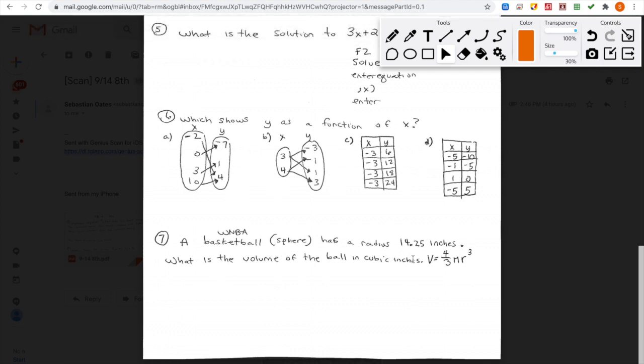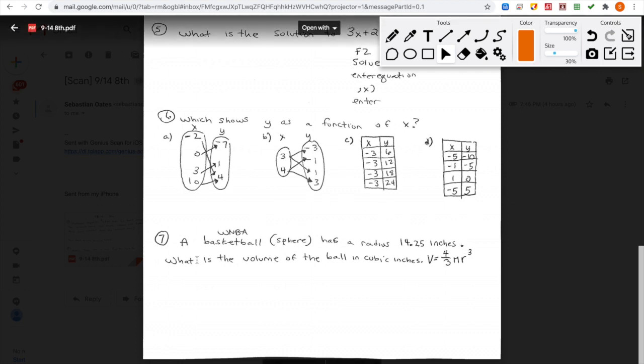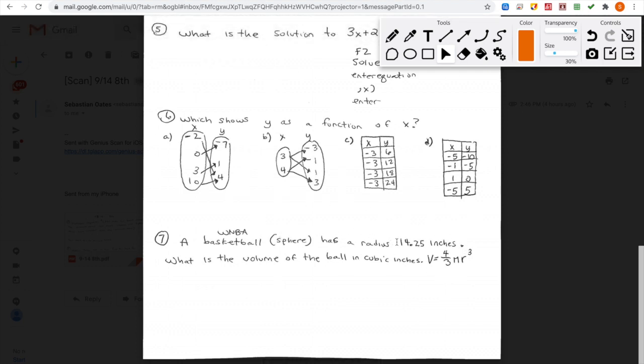If you could use this formula to deduce or to figure this out without being taught this, that's a very good sign. So we're going to do volume equals 4 over 3 pi r to the 3rd power. So that's for the volume of a sphere. So I'm giving you what the r is. The radius is 14.25. So all you need to do is insert that, and then you can solve this problem.